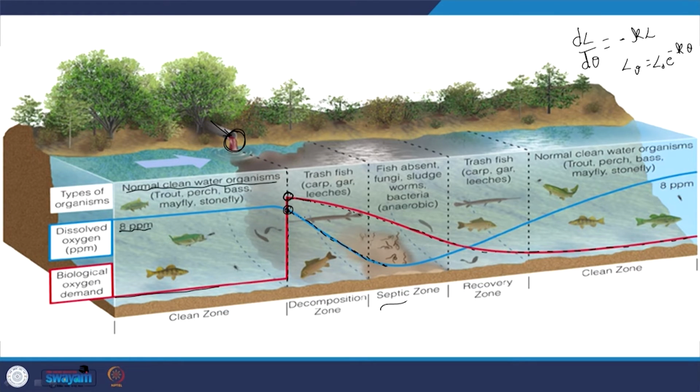And then you can have a septic zone if you do not take care, you can have anaerobic conditions. But in the meantime, you are also going to have replenishment of oxygen from the atmosphere. So, that is why you are going to have an increase in your dissolved oxygen. I am concerned about this stretch, probably, when the conditions are so poor that the aquatic ecosystem will not thrive. So, these are the aspects I need to look at.